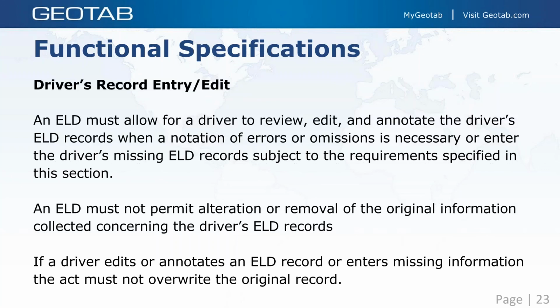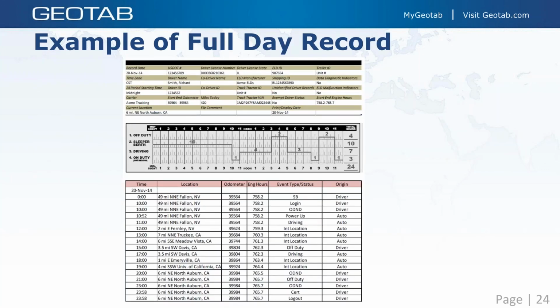Here's an example of a full day record. Up at the top, you'll see a header with a lot of pertaining information, like the US DOT number, the driver license number, the power unit number, things like that. There's the graph grid display, and right below that are the duty status change logs.